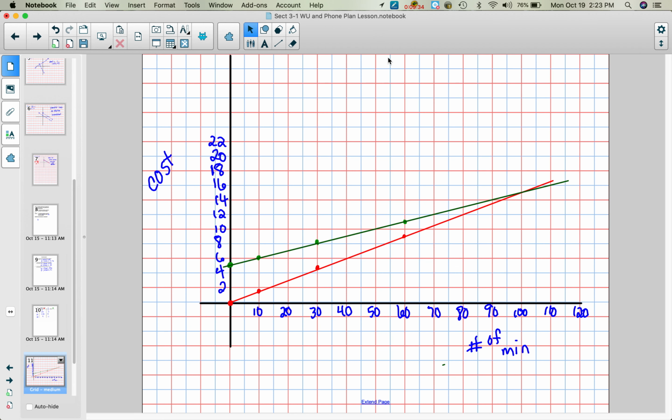It appears that they cross at this point right here. It appears to be about 100, comma, and then if we looked at the amount, it looks like it's 15. So it appears that if we talk for 100 minutes on the phone, the plan would cost us $15.